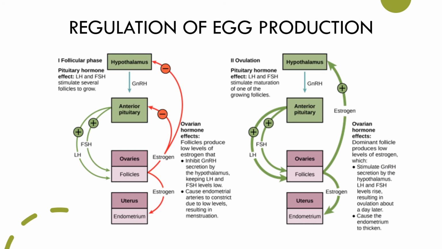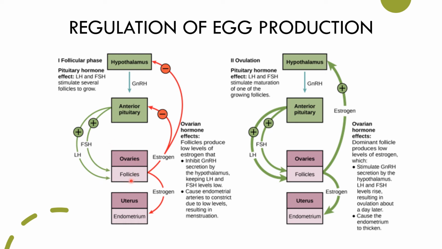So the regulation of the egg production. In here, we have two regulations of the egg production. The first one would be the follicular phase, wherein the hypothalamus secretes the gonadotropin releasing hormone, affecting the anterior pituitary. So the anterior pituitary will then release FSH and then LH, affecting the ovaries.